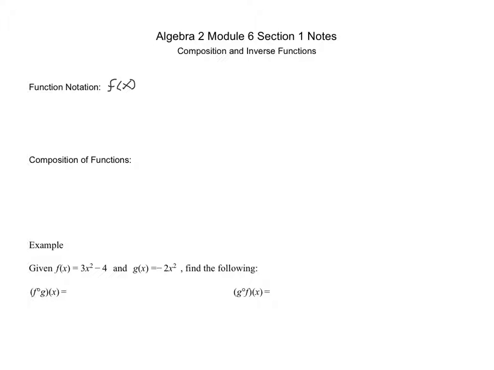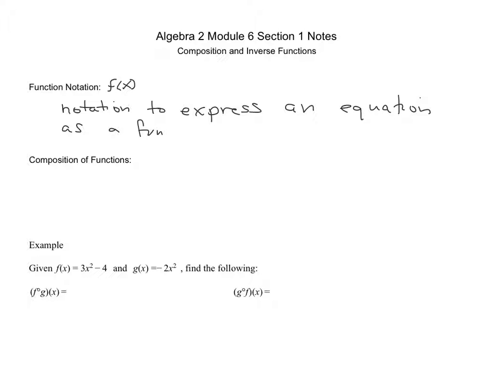And this is just a notation to express an equation as a function. So in a function which has an input and an output, f of x just represents the output.